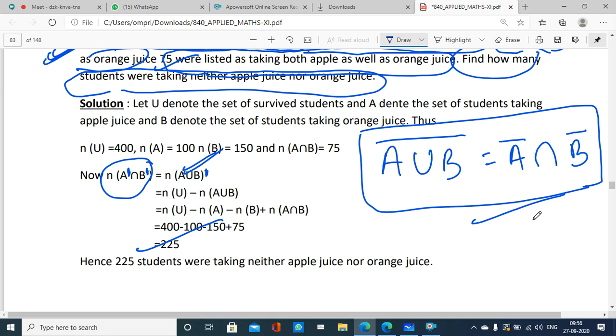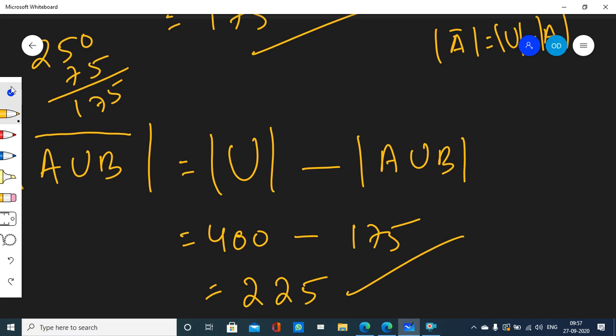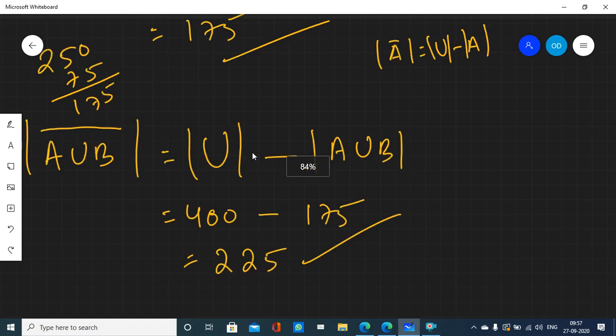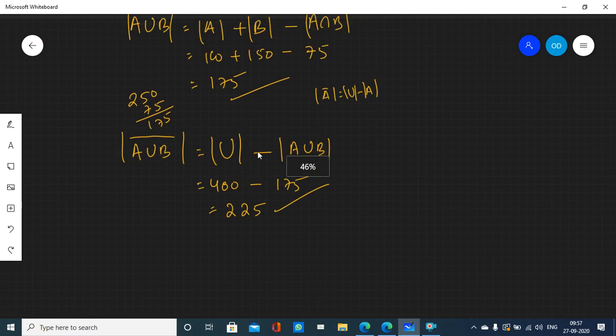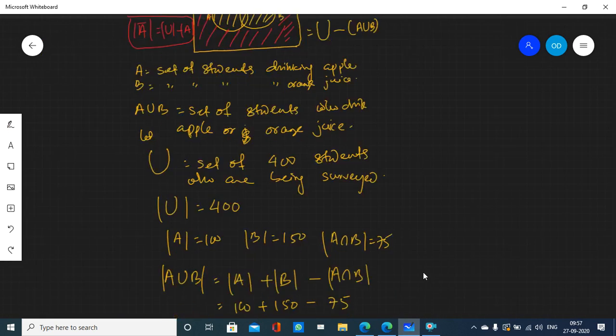That is what is written here. I think you should not get confused. So take the screenshot. In the exam, do the way I am doing, and you won't have any mistakes.